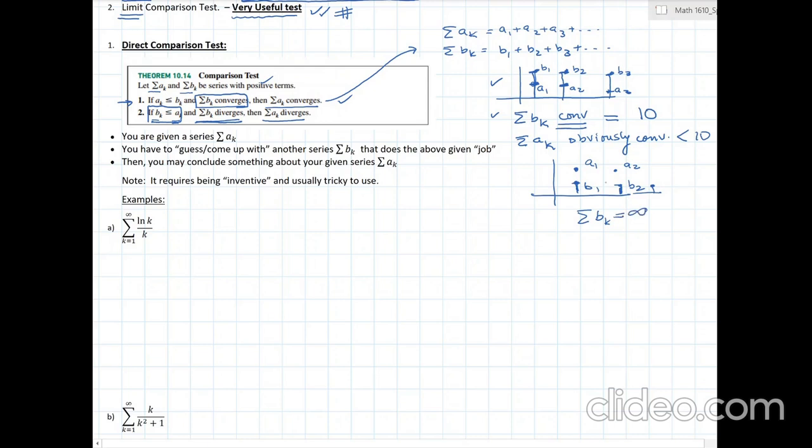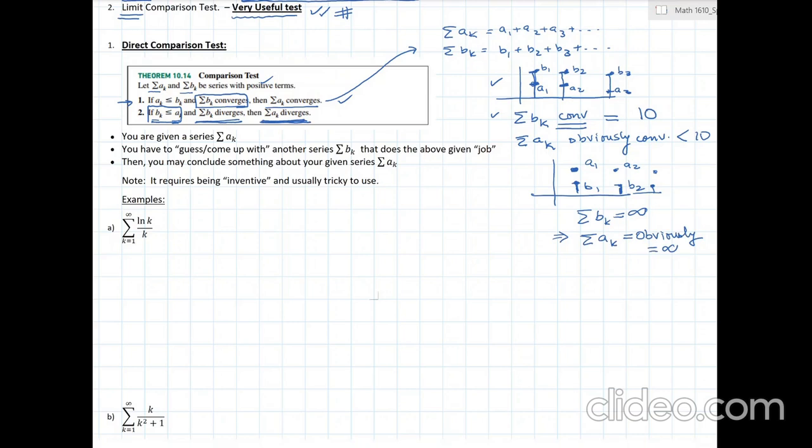If the lower guys add up to infinity, then obviously the sum of the A's, which are more than the B's, will add up to more than infinity. So the sum of AK is infinity, which means the series AK diverges. That's the meaning of this particular test.